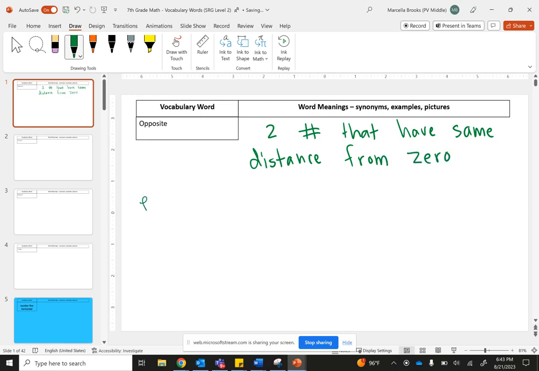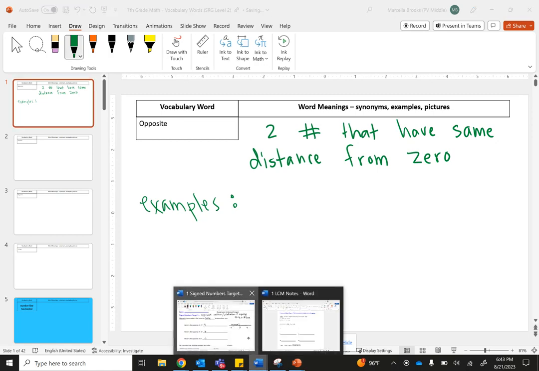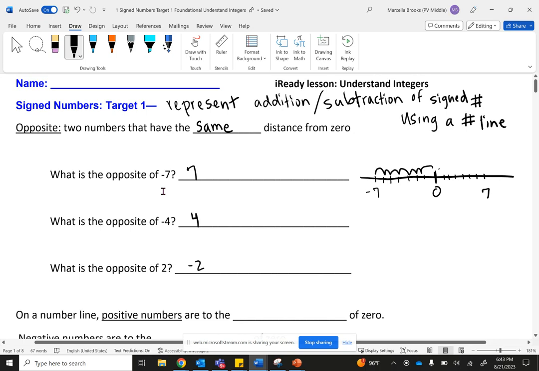And then we're going to put examples. You could use the examples that we have here. We have examples of -7 and 7 are opposites.